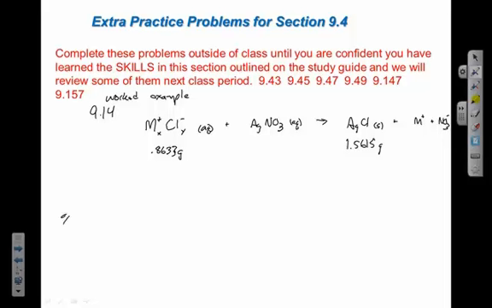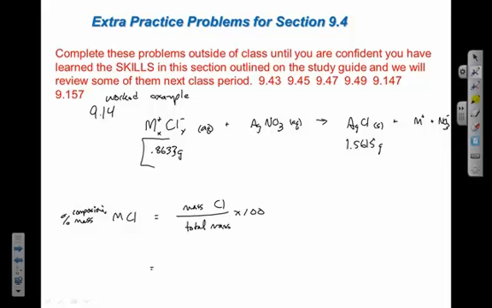So if I'm looking for a percent by mass composition of this compound, I want to know the mass of the Cl in the compound divided by the total mass times 100. Right? That's the percent mass formula.